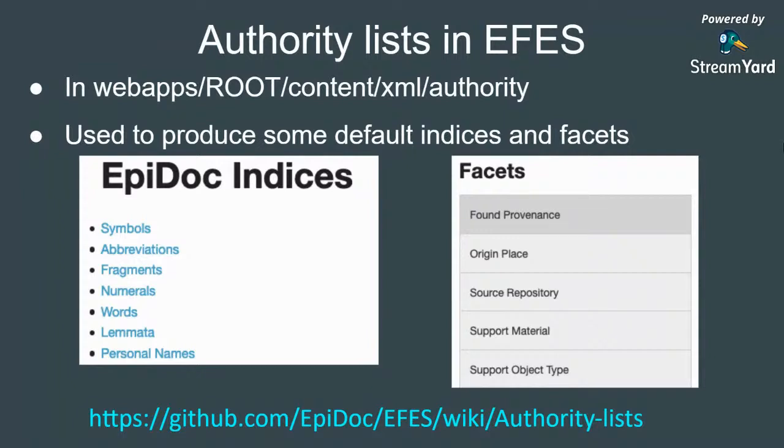Authority lists in FS are used to produce default indices and facets. And the ones that you will find within your FS folder are the ones that you see here on the slide. And they're the basic feature for indexing and faceted search. And if you want to know more about the authority lists in FS, please go to the FS wiki at the link that you see at the bottom of this slide.